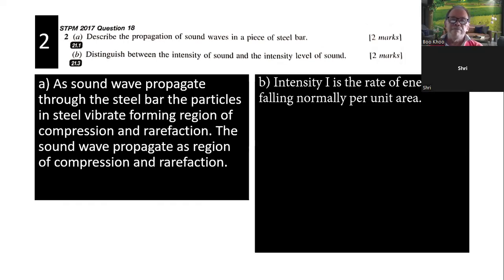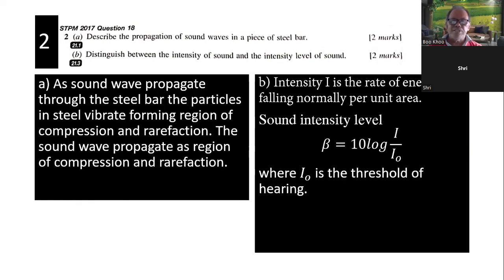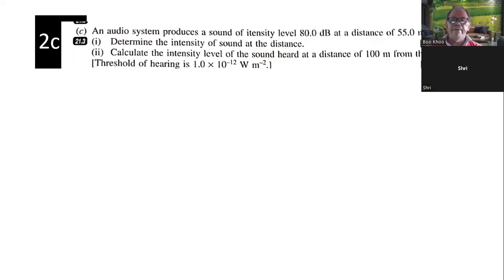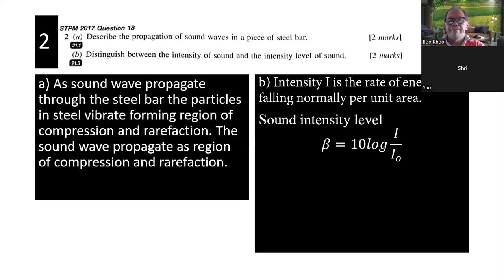Intensity is the rate of energy falling normally per unit area. Sound intensity level is beta. I naught is the threshold of hearing. I is the intensity. Okay, that's all.